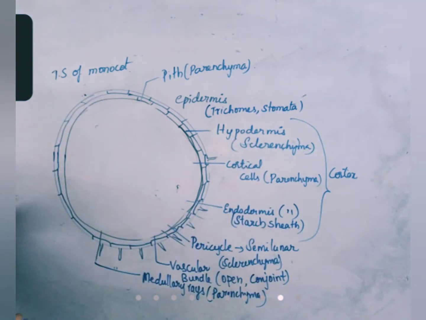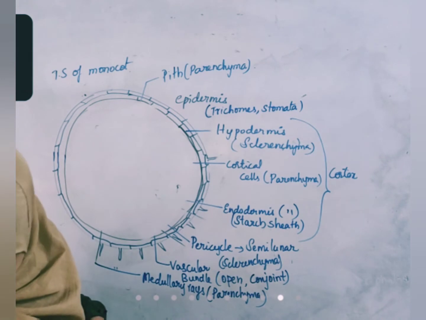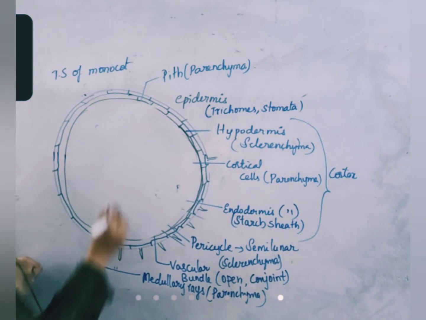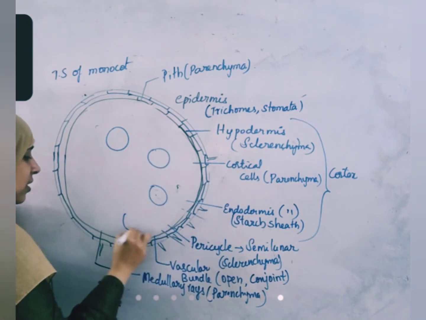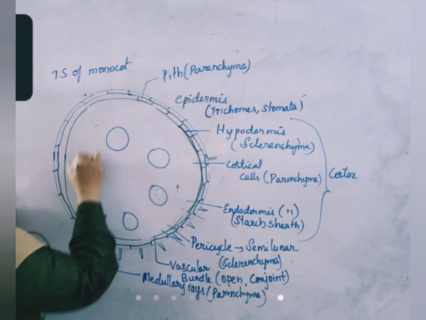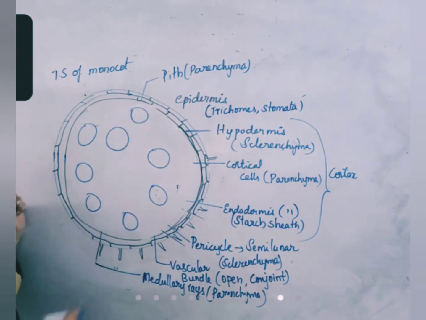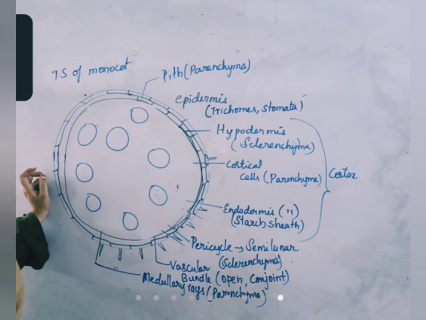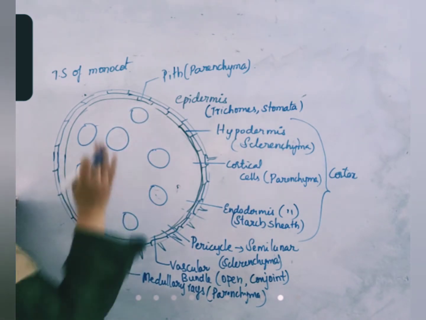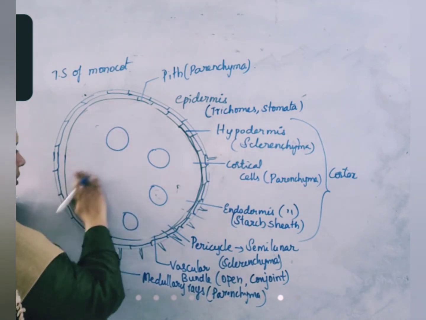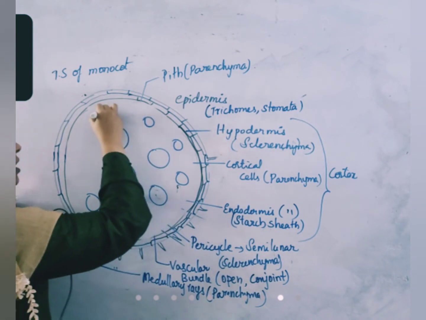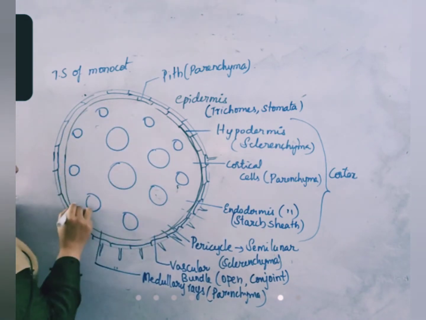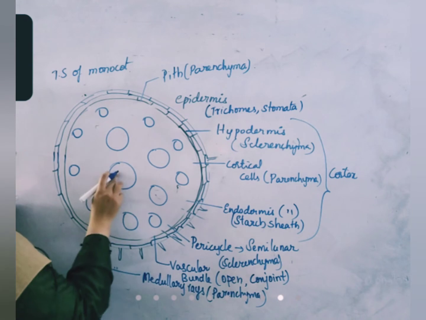Below that directly cortical cells are filled. There is no endodermis. Vascular bundles are present in patches, and those which are present in the peripheral region are smaller, those which are present in the center are larger.